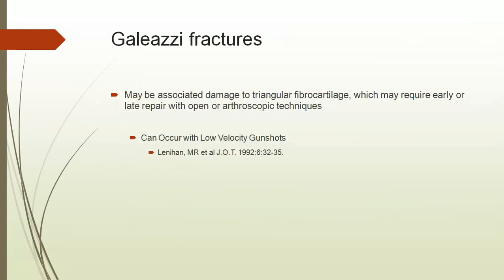So Galeazzi fracture is also associated with damage to the TFCC. What do you mean by TFCC? Anyone? What do you mean by TFCC? It is a fibrocartilaginous structure which is present from the ulnar aspect to the radial aspect of the distal part of the forearm, nearly at the wrist joint.